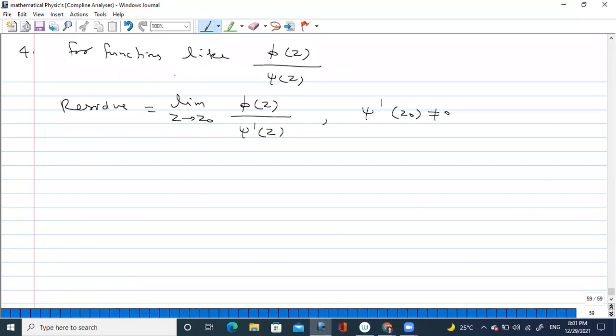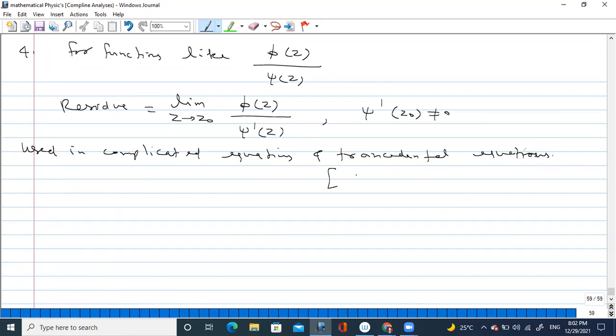And this method is utilized in complicated equations and transcendental equations. Transcendental equations means containing some hyperbolic part, sine part, cos part, or exponential part.